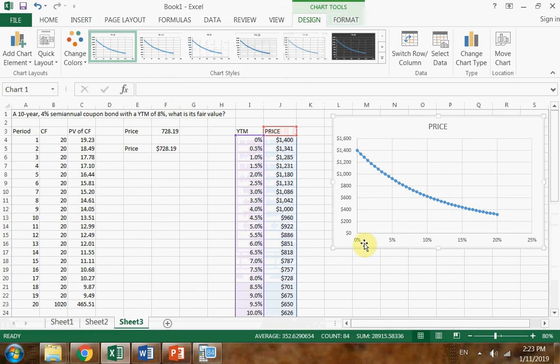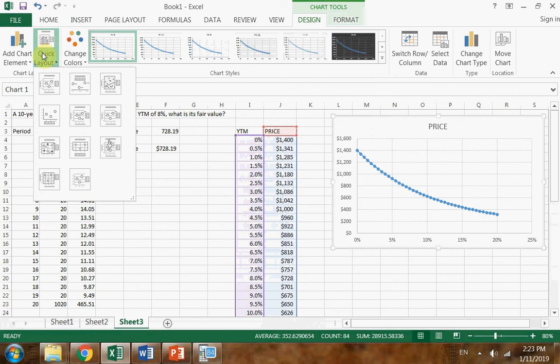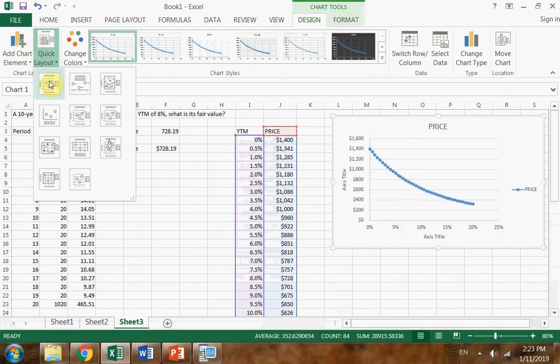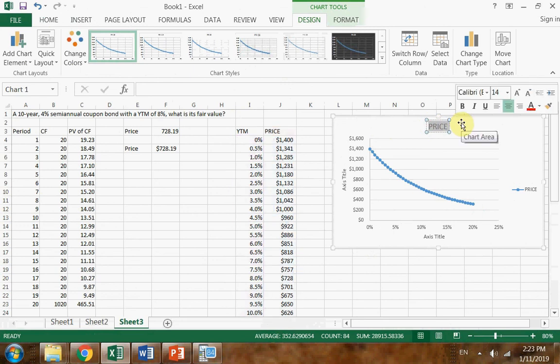As you can see, if the interest rate keeps increasing, then the bond price keeps dropping. All right, and you can also edit the layout a little bit. So you can hit this button, design, quick layout. You select layout number 1. Okay, so this is bond price against interest. Oops.